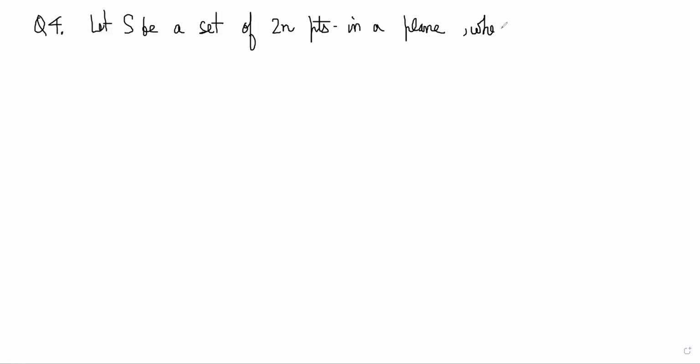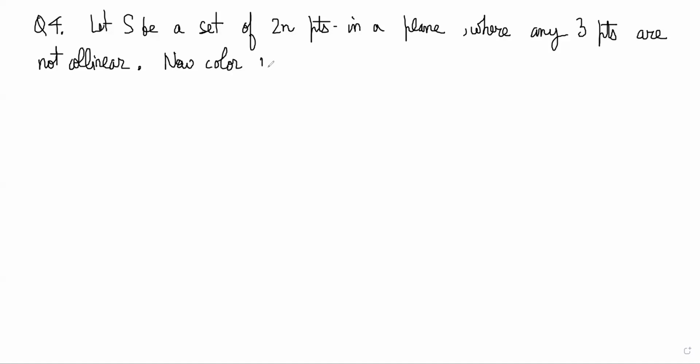Question number 4. Let S be a set of 2n points in a plane where any 3 points are not collinear. Now color n points red and n points blue.